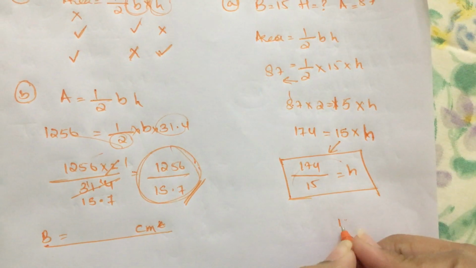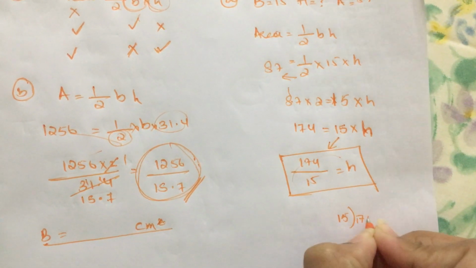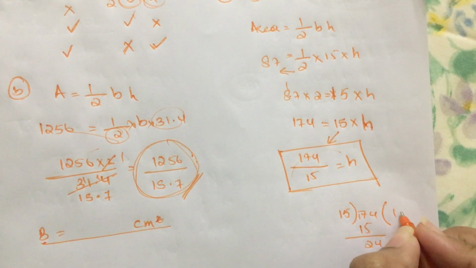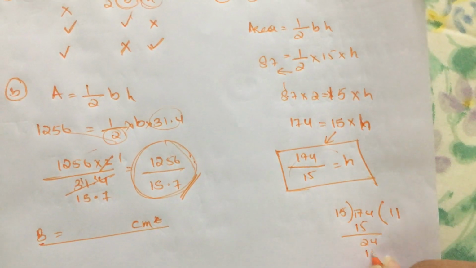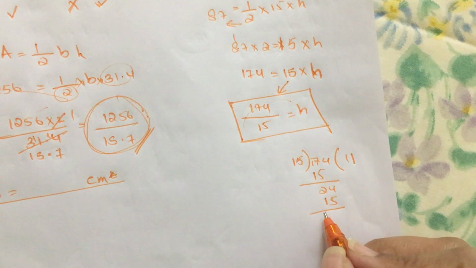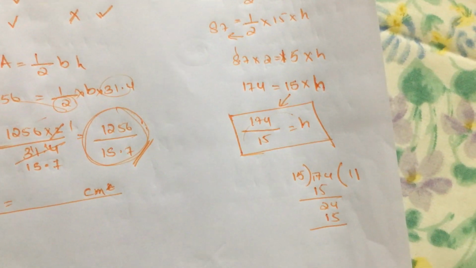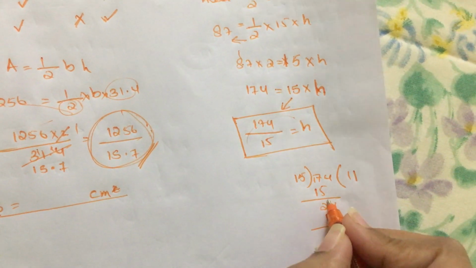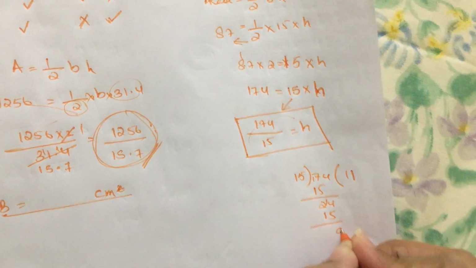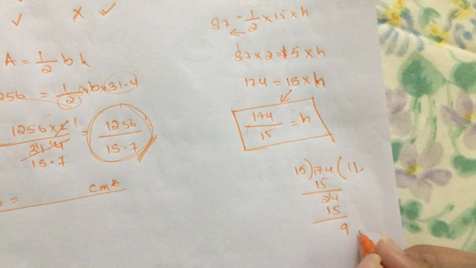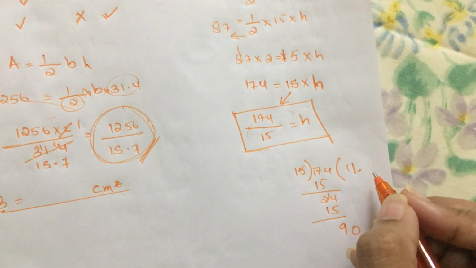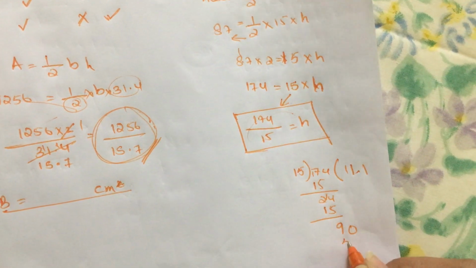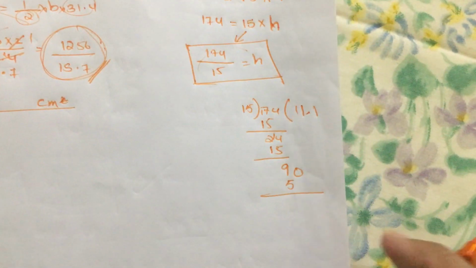So for this one, if I do 15 divided by 174, 15 ones are 15, then 2, 4. 15 ones are again 15. Okay, then put a decimal.